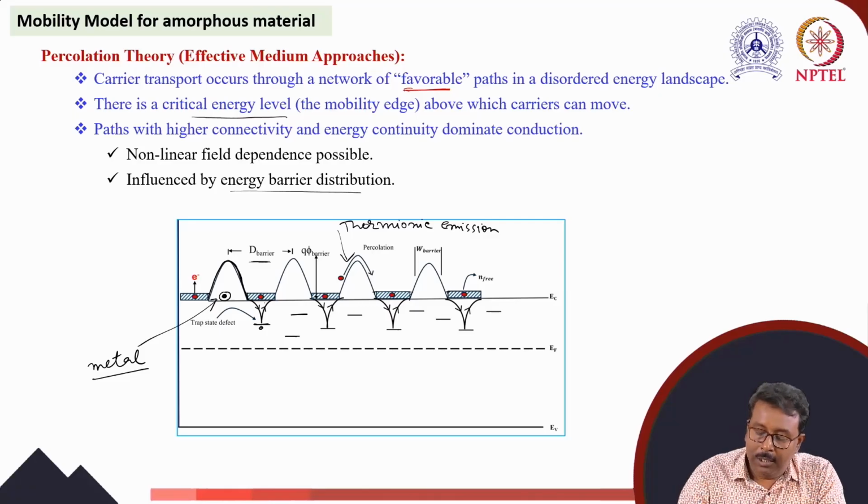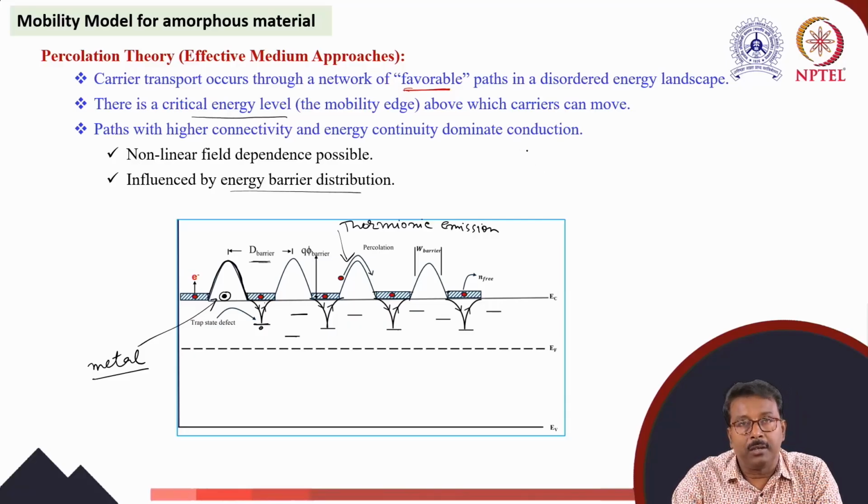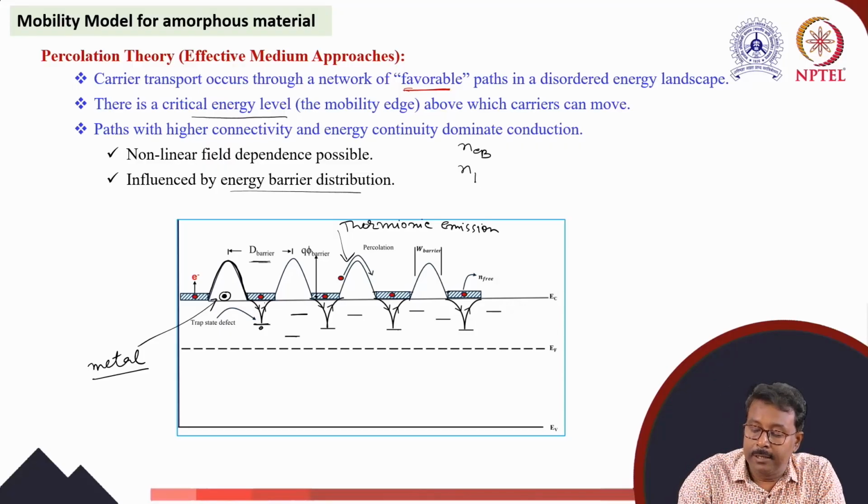Suppose you have the density of electrons in the conduction band, say NCB, and the trap density, the carriers in the trap states, that is NT.